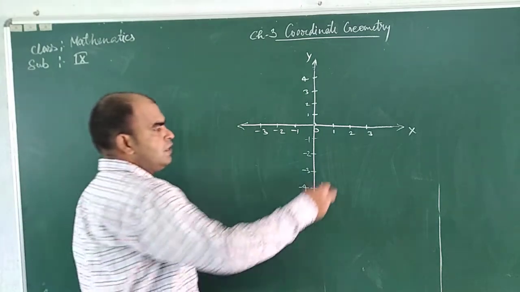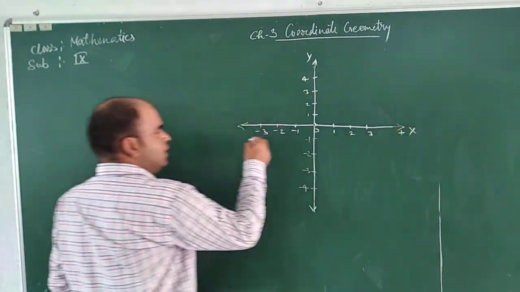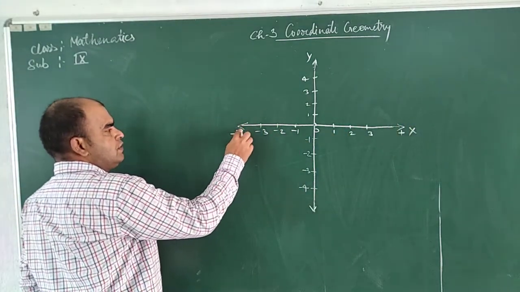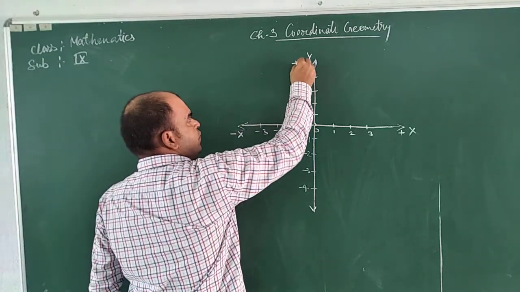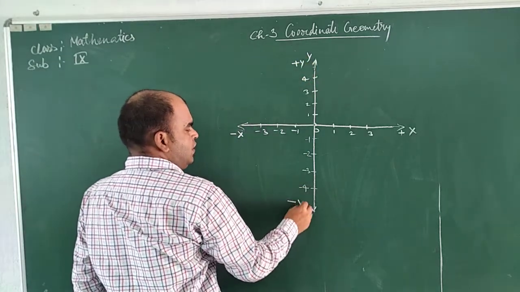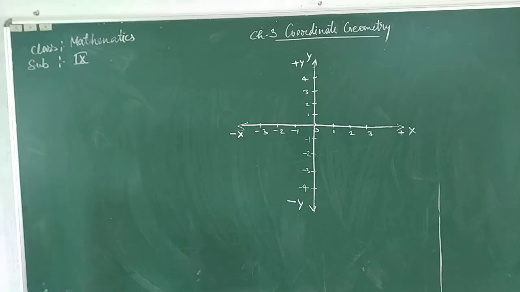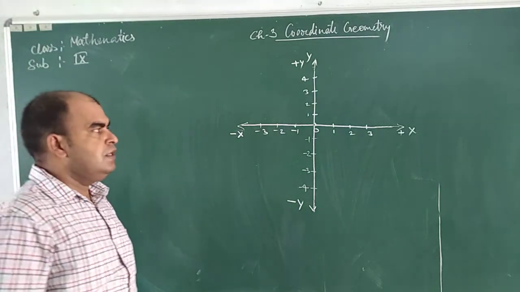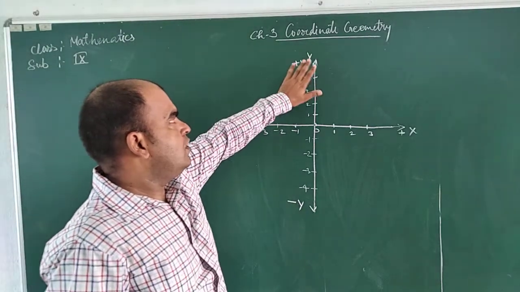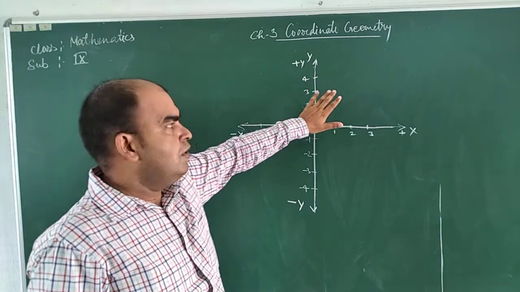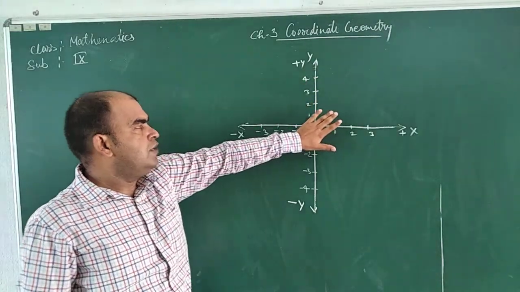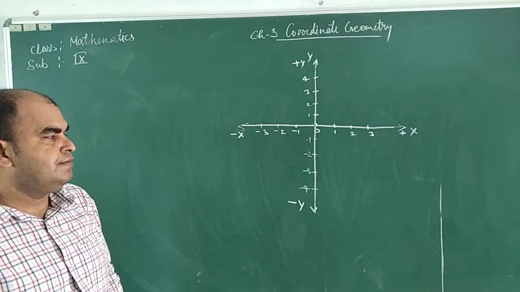Then this is the positive x-axis and this is the negative x-axis, and this is the positive y-axis and this is the negative y-axis. We call this the Cartesian plane, and this is a small introduction to coordinate geometry.